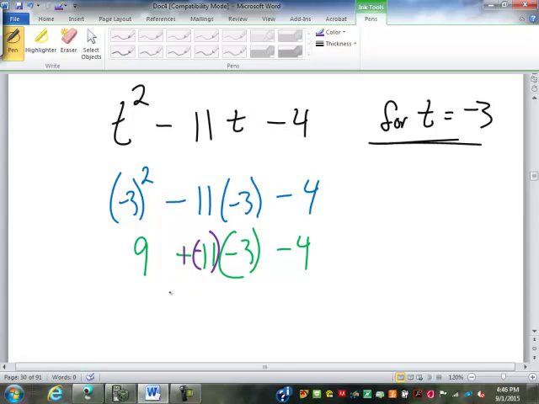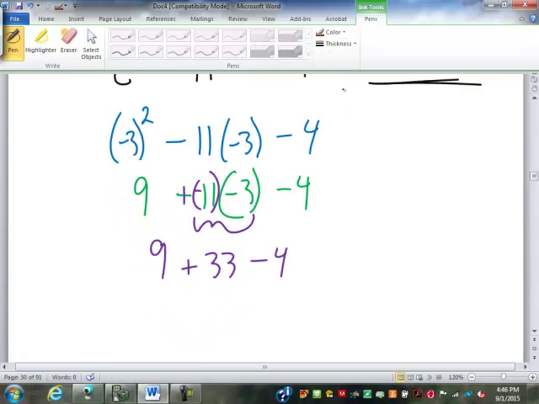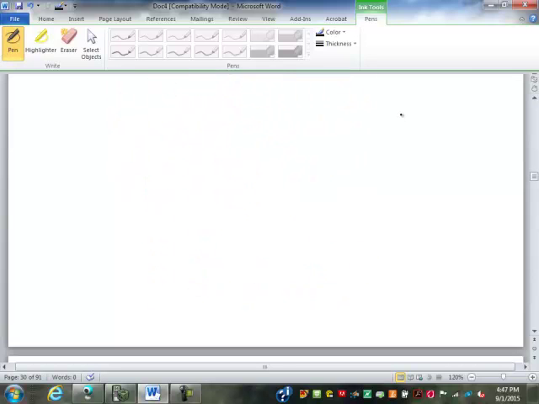So it can be negative 11 times negative 3, which is 33. And then, okay, 9 plus 33 is 42, and minus 4 is 38. Any questions on those? Anybody afraid of those? Good deal. Also, under the evaluate heading, we might run into something like this.